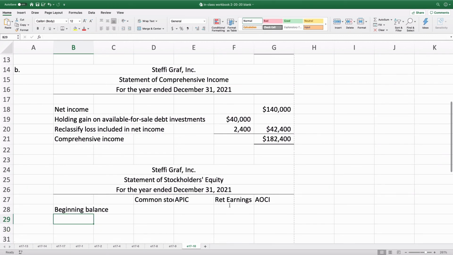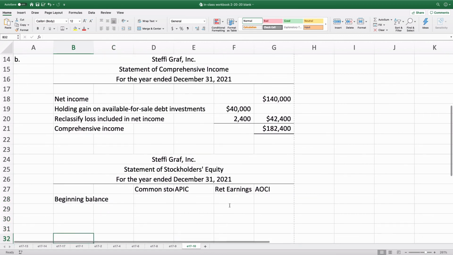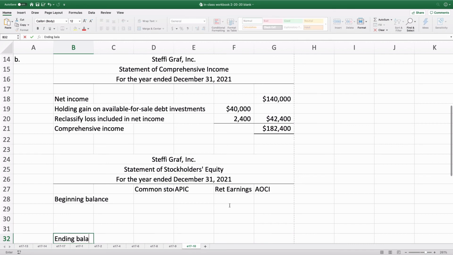Well, for common stock, we had an addition because we sold some common stock. For every stockholders' equity account, you would reconcile the beginning balance to the ending balance, and that includes AOCI. AOCI is a stockholders' equity account.